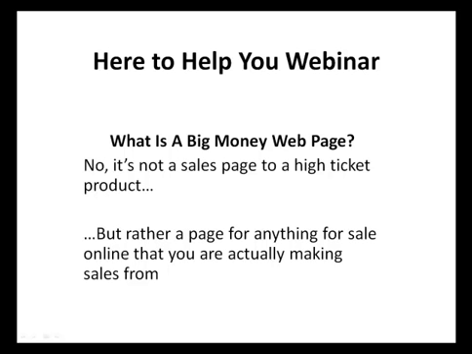Granted, there are pages that just don't convert at all, and if you have one of those, then you really need to work on the copy for the page to get it to convert better. But for the most part, any page you have online is for a decent product to start with, and it's got a decent sales page. If you drive the right kind of traffic to the page, it's going to make sales.